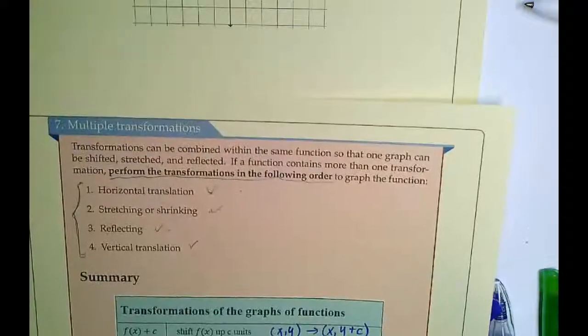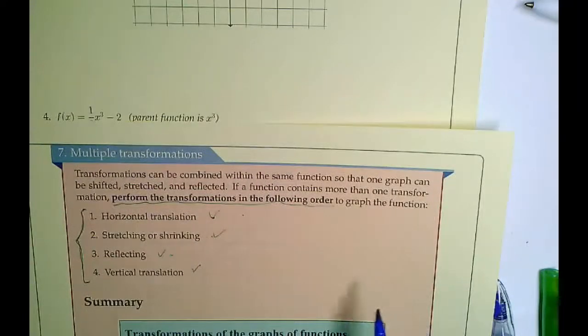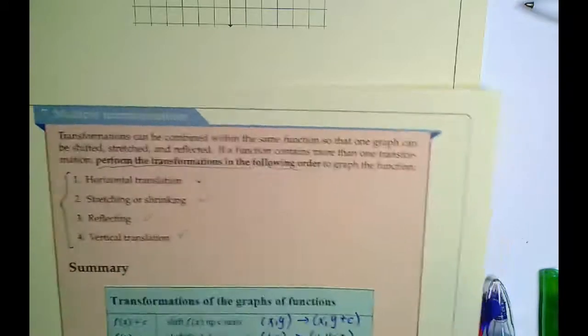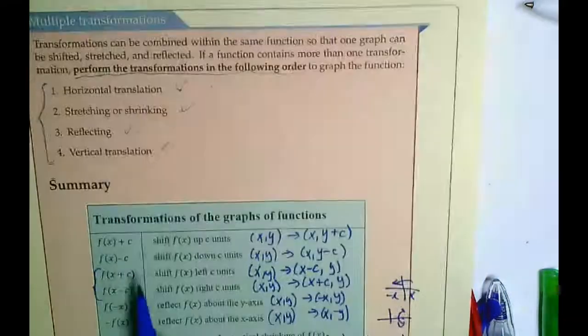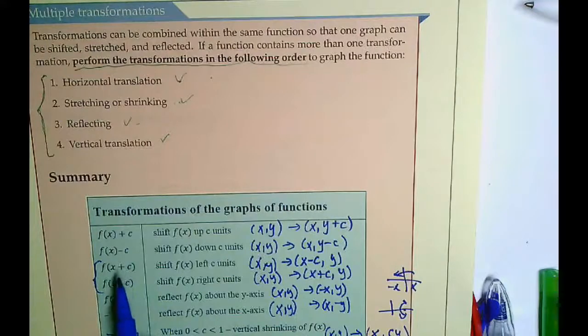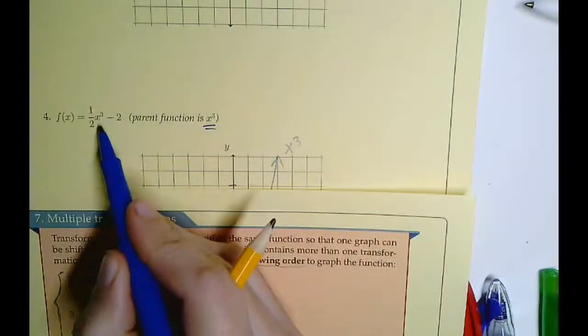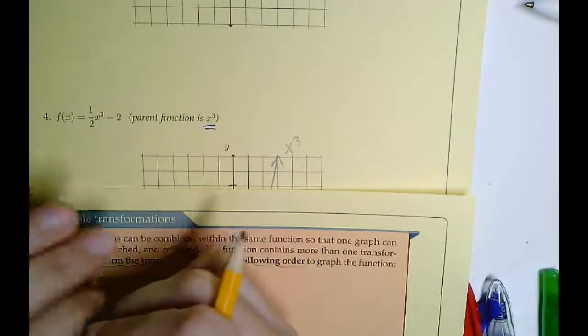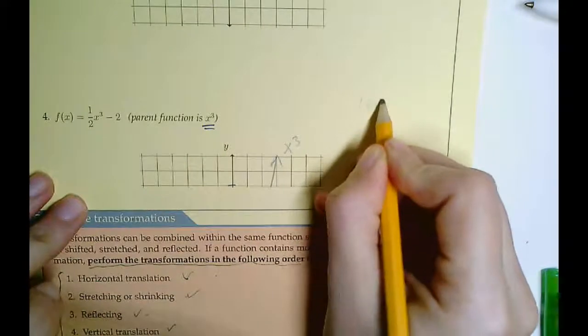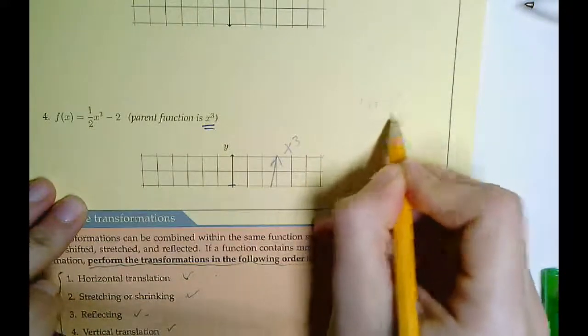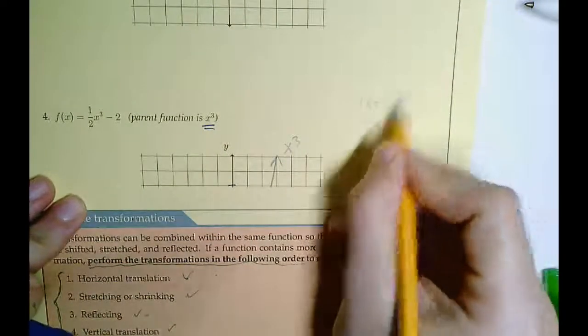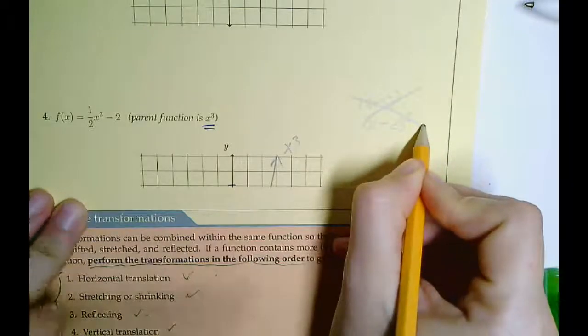Horizontal translation means to the left or to the right. Does my x have any constant added to it? Well, if I look in here, x is by itself. It's not like x plus 3 cubed or x minus 2 cubed. So I don't have any horizontal translation.